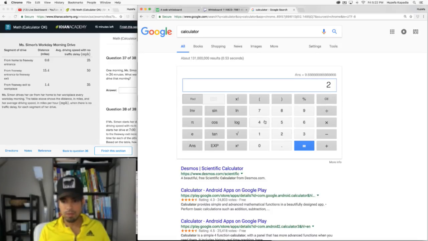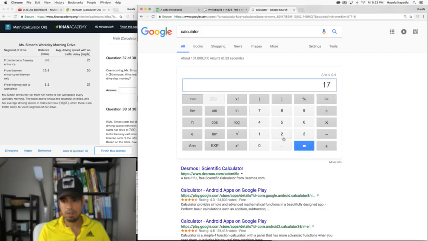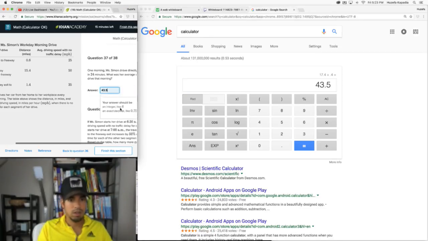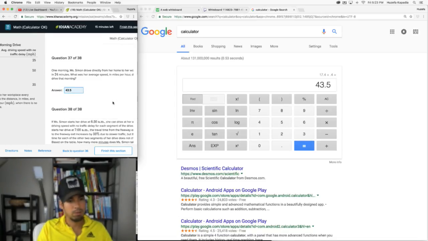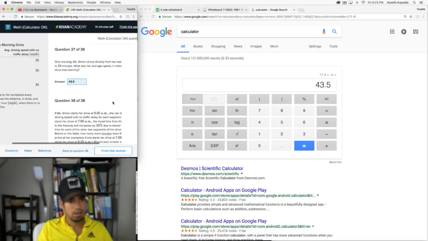So 24 divided by 60, right? 60 minutes, we're converting to hours, is 0.4. So 17.4 divided by 0.4 equals 43.5. All right, so what was her average driving speed in miles per hour? 43.5 miles per hour, I guess. And that's good.